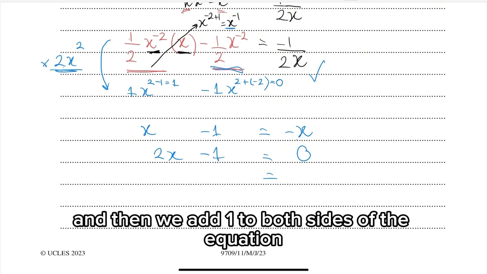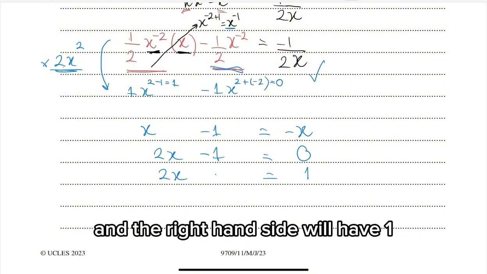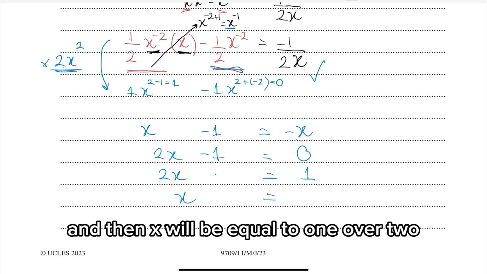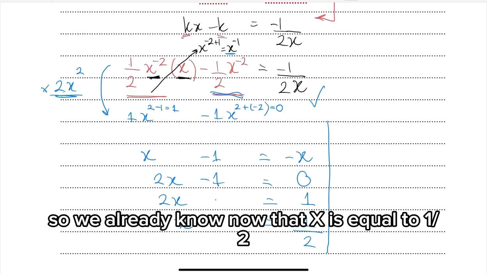And then we add 1 to both sides of the equation. So we'll have 2x minus 1 plus 1 is equal to 0 plus 1, so the right hand side will have 1. And then x will be equal to 1 over 2. So we already know now that x is equal to a half.